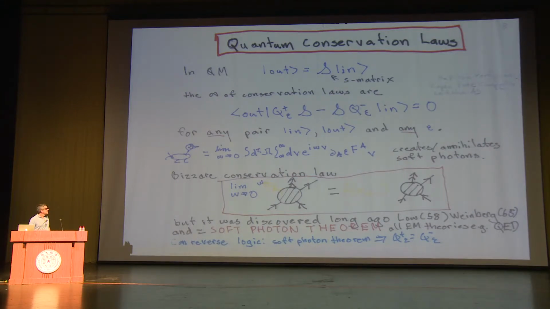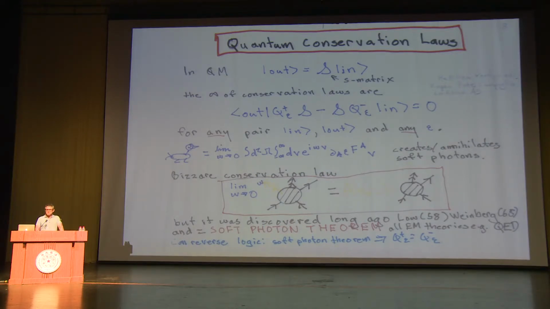And it relates amplitudes with a soft photon to amplitudes without a soft photon, times a number, plus the same soft photon times a number. So it would seem incredible that all scattering amplitudes would obey such a bizarre relationship.